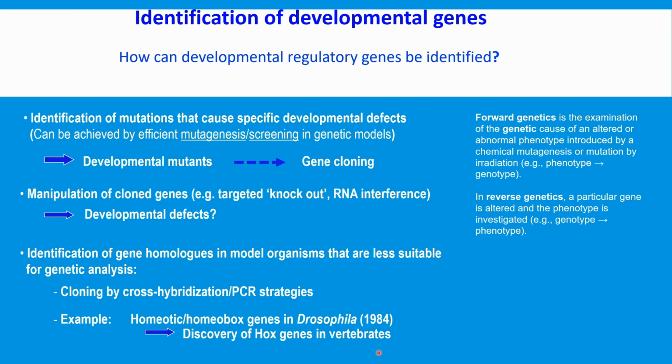So it is possible. And from there, you can design more tools. You can make CRISPR-Cas constructs on the basis of your newly recovered sequence to target that gene and knock it out, and then assess, does it have a developmental role?